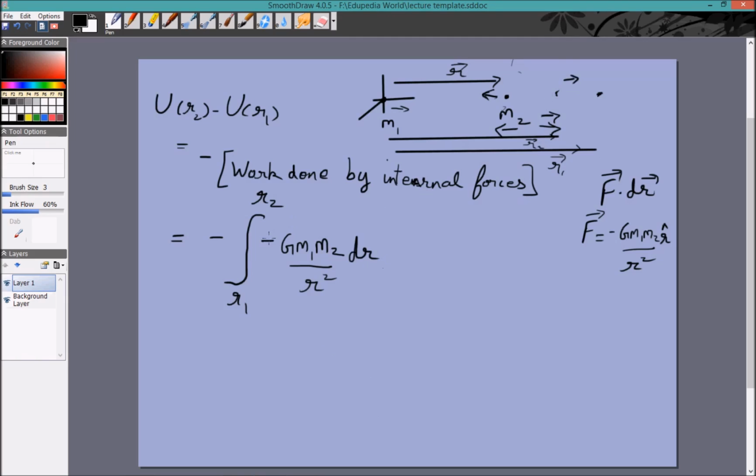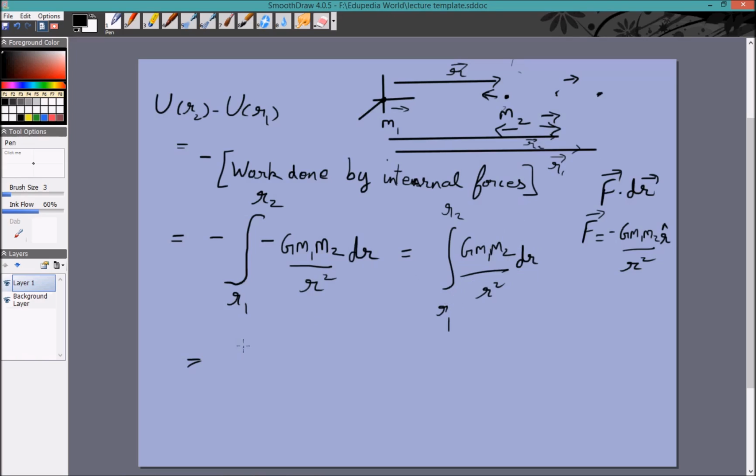So in this case, this minus and this minus will cancel and we'll get the integral from r1 to r2 of g m1 m2 by r squared dr, which will give me, this will be r to the power minus 2, so we'll get r to the power minus 1 by minus 1, and that minus 1 means we'll have to take this limit first.